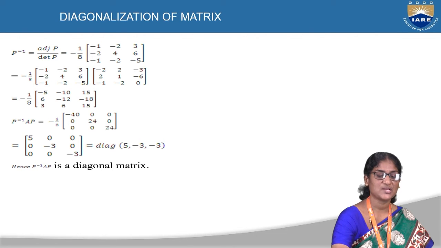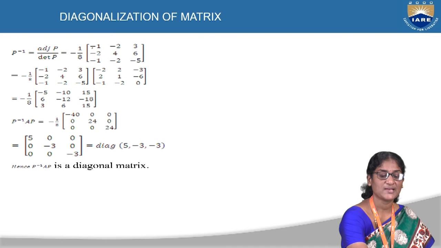So P inverse is equal to adjoint of P by determinant of P, which is equal to -1 by 8 times the matrix -1, -2, 3; -2, 4, 6; -1, -2, -5.